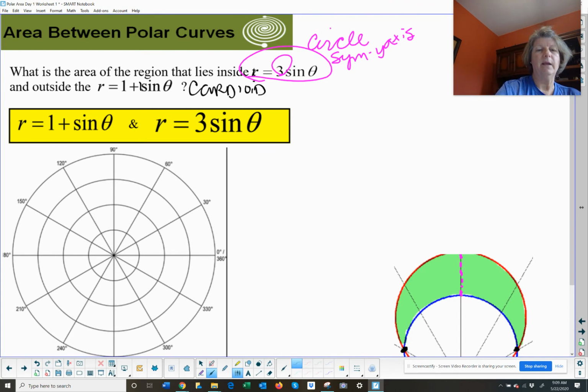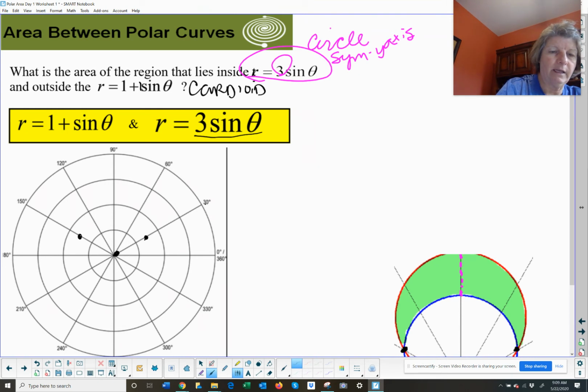Should have an I in there. So 3 sine theta. If I put in 0, I get out 0. If I put in pi over 6, I have 1/2. 3 times 1/2 will be 3/2.